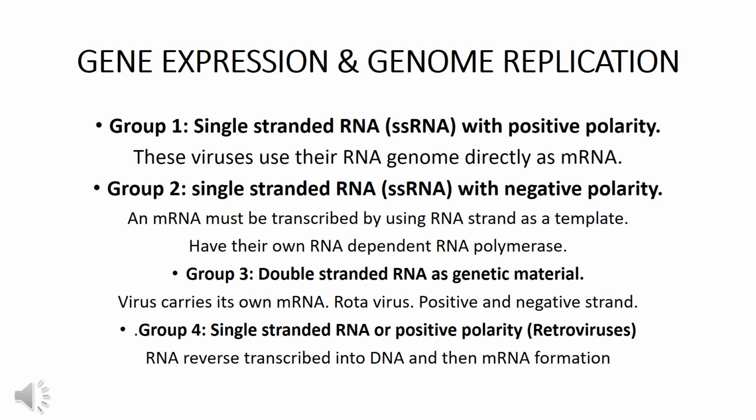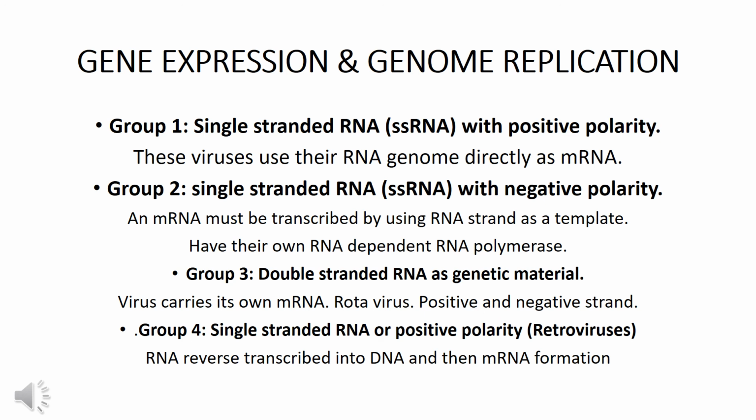Another important group is single-stranded RNA of positive polarity, meaning retroviruses. These viruses are like our first group, single-stranded RNA with positive polarity. But in the case of retroviruses, another enzyme is present in the virus, known as reverse transcriptase. What is transcription?